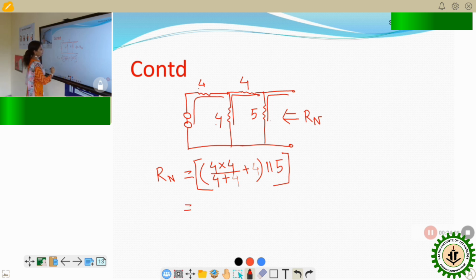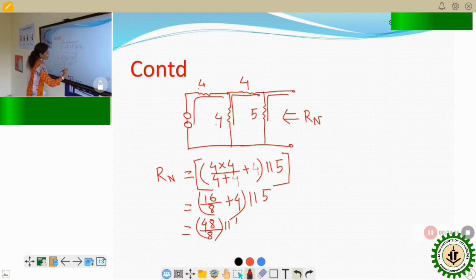That will be equal to what? Parallel 5. That will be equal to 48 by 8 parallel 5. It will be 6.